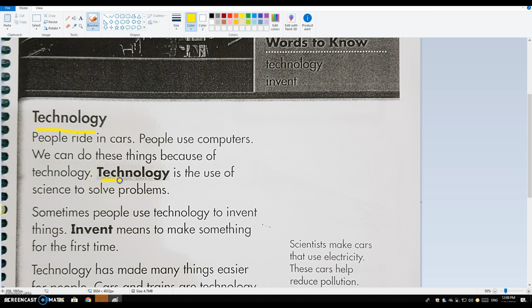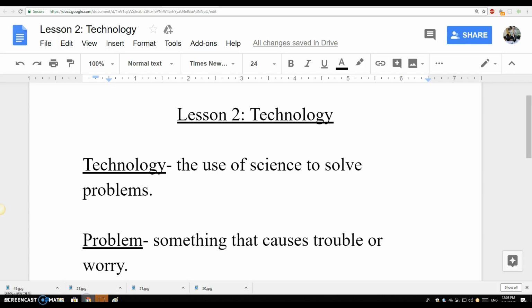Very good definition. I would definitely study this if I were a student. Oh, and what do you know? I've got the vocabulary list right here. So technology, the use of science to solve problems.